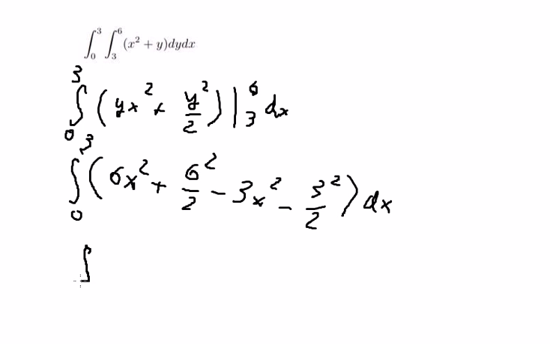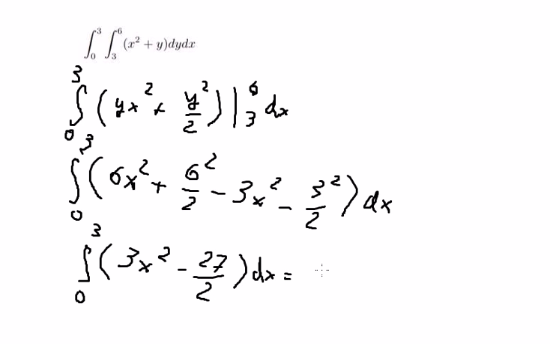So you got 6x squared minus 3x squared. You got 3x squared. This one minus this one, you got negative 27 over 2 dx.